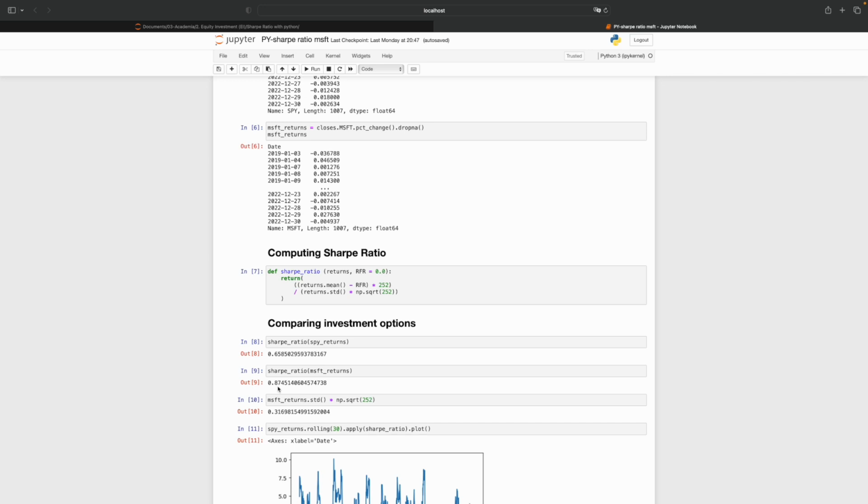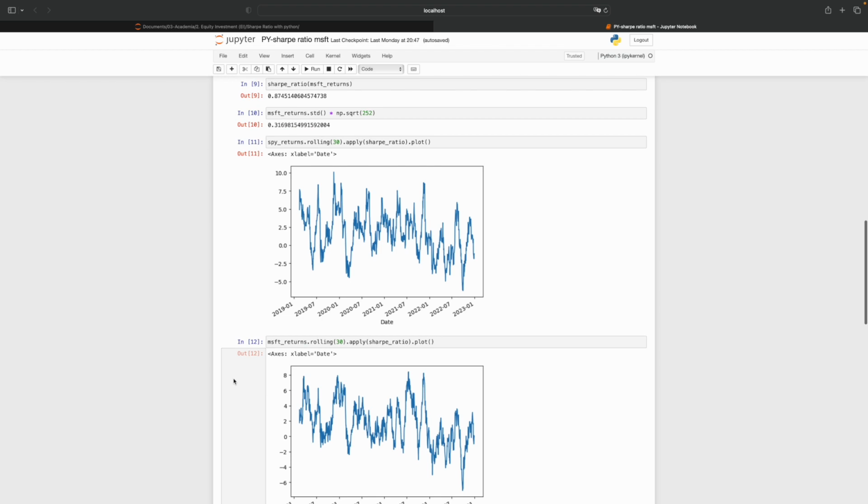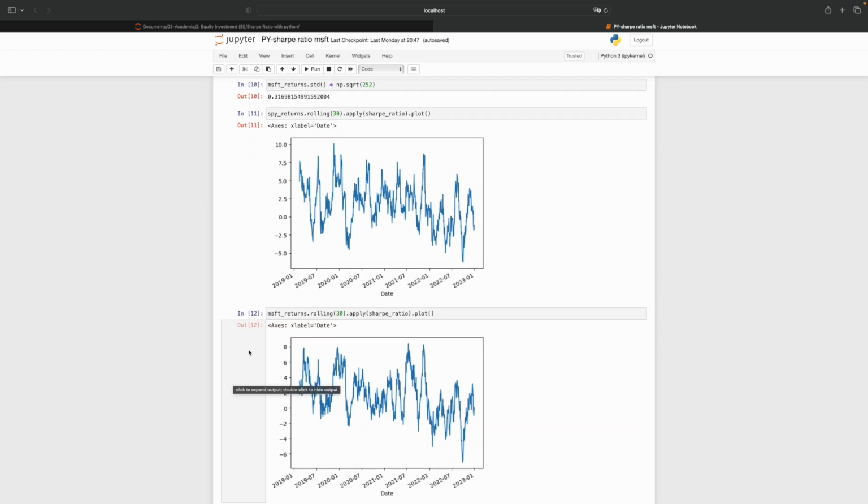The Sharpe ratio seems to be a static figure when we calculate the Sharpe ratio for the entire period. Now, let's calculate the Sharpe ratio in a 30 days rolling window. Like this. 30 days rolling window means we will calculate the Sharpe ratio for each 30 days period, moving 1 day forward at a time.